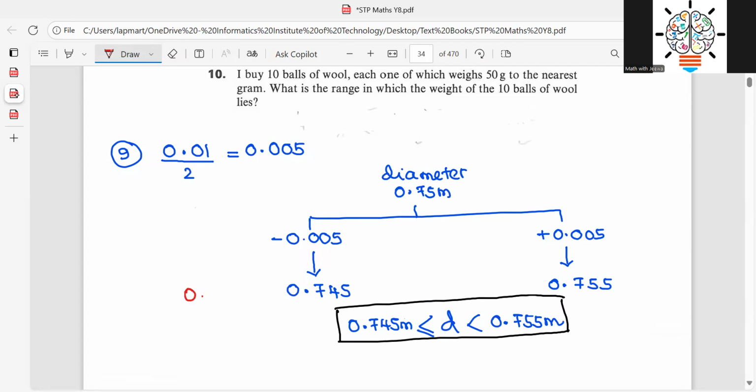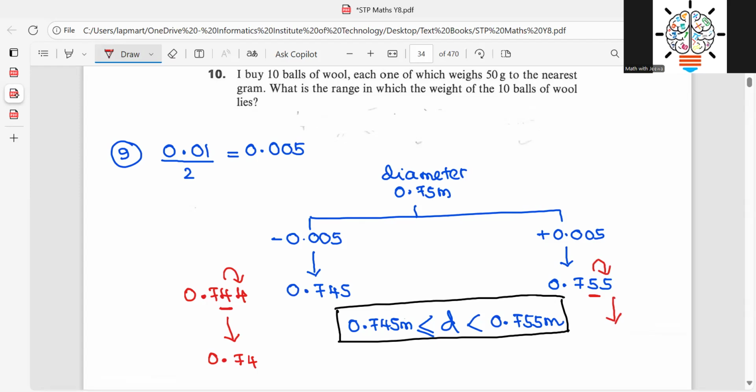If you take that 0.745 and correct it to the second decimal place, what will be my answer? It is 0.74, not 0.75. Here we look at the second decimal place and check the next number.